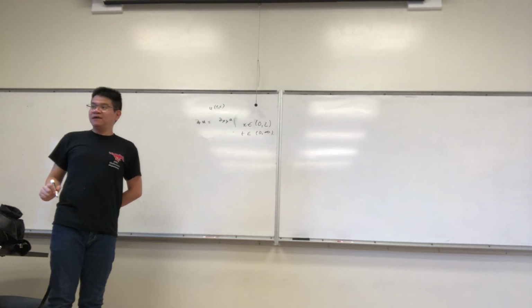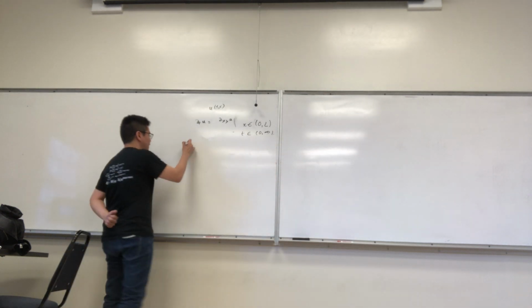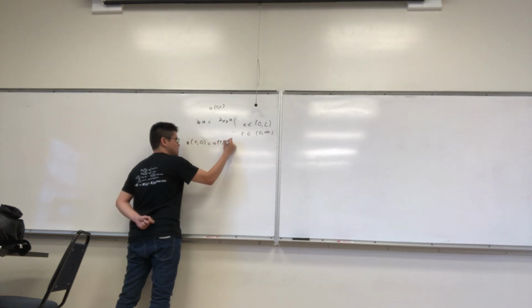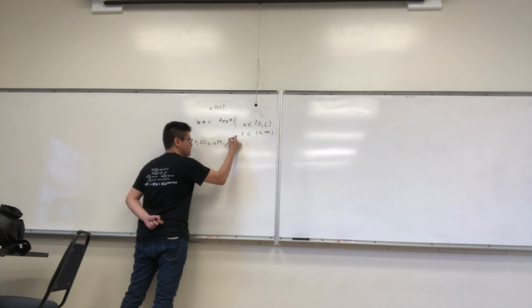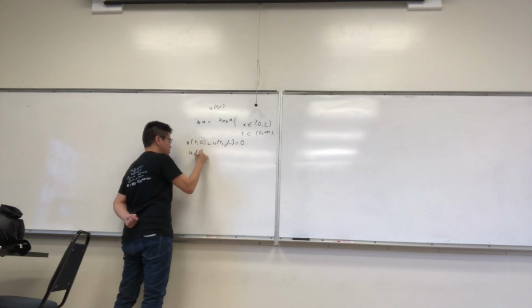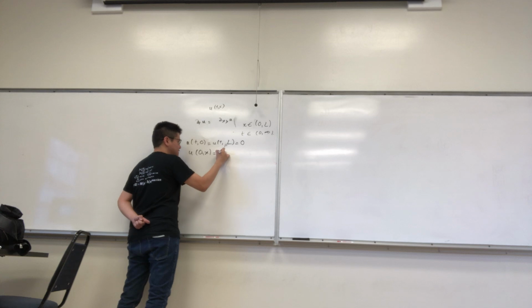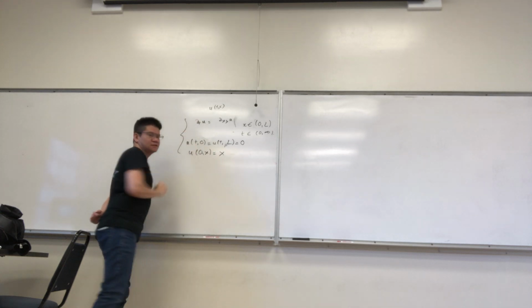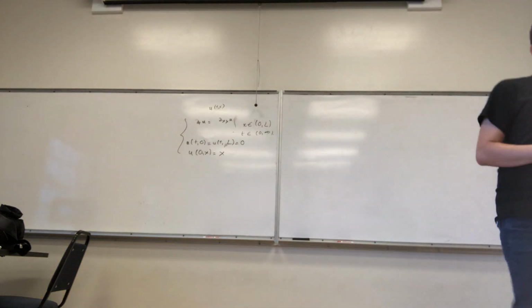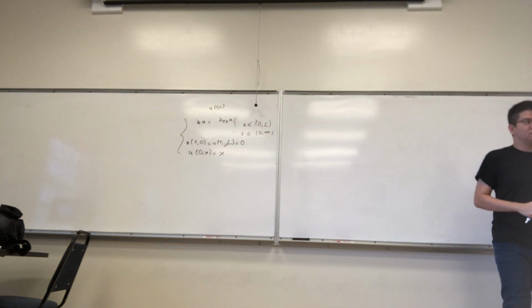We have the boundary condition u(t, 0) = u(t, L) = 0, and the initial condition u(0, x) is going to be x. This is the heat equation that we were trying to solve in the previous class.